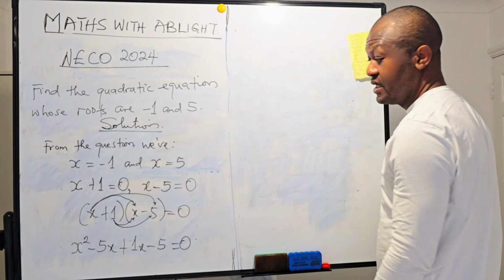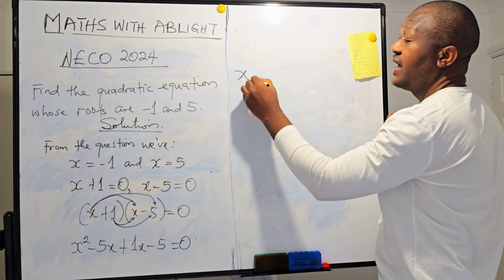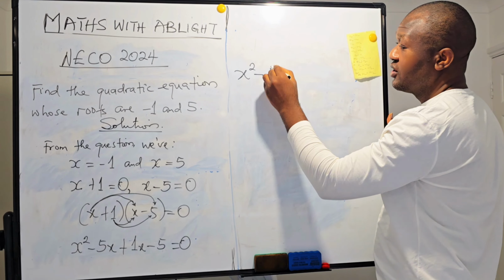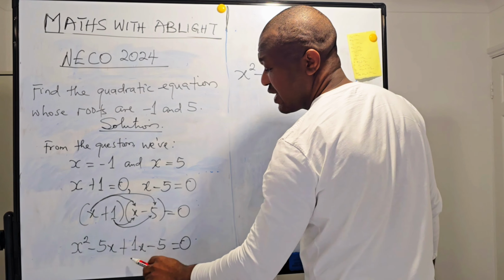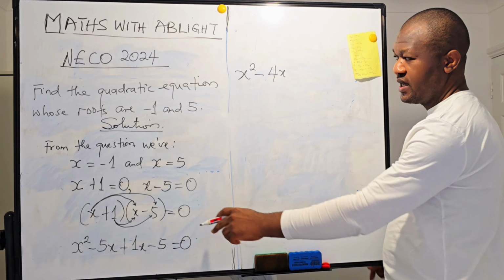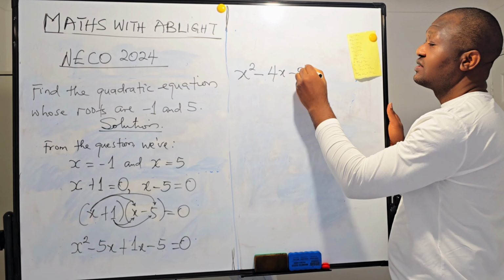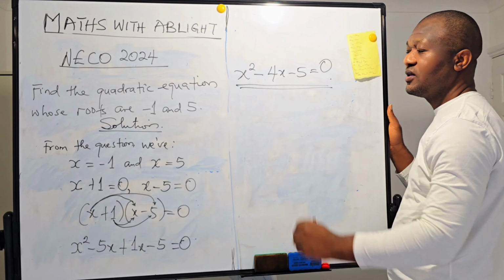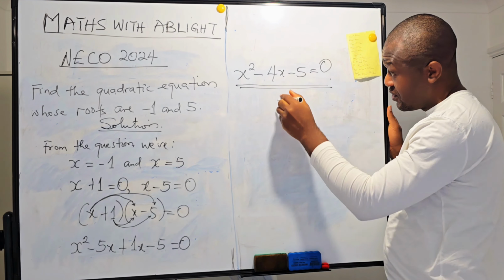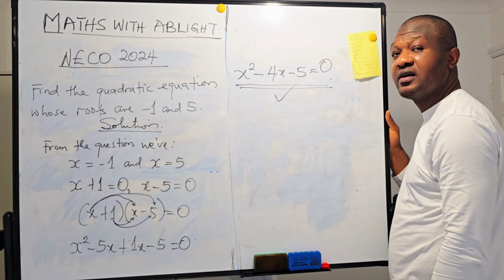What then is the next procedure? It means that x squared minus 4x. You know why? Minus 5 plus 1 is minus 4. And then minus 5 is equal to 0. This is the equation they are looking for. And you have scored your full mark.